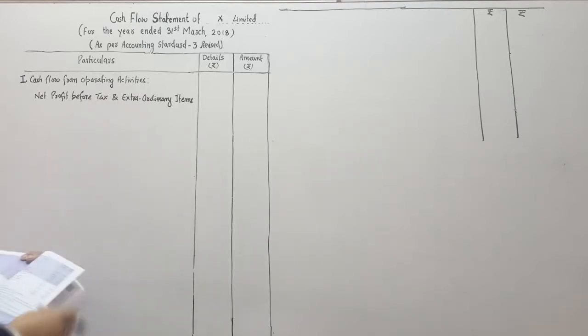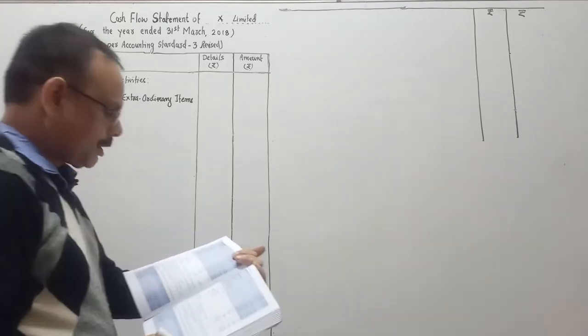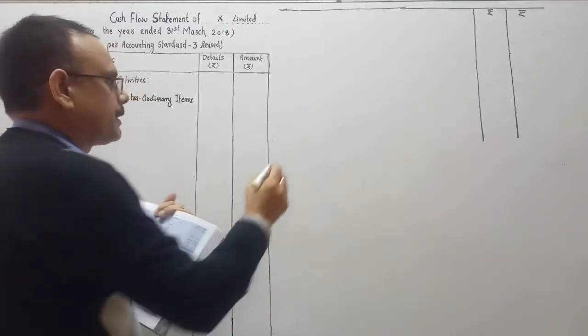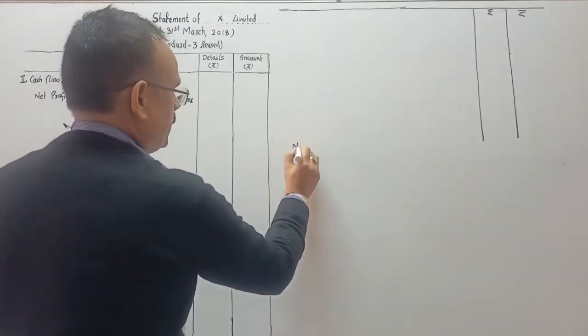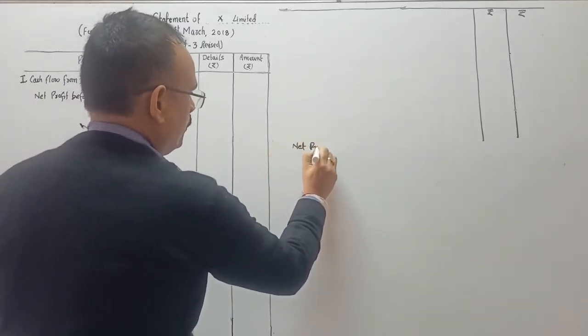This will be calculated in the working note. Net profit before tax and extraordinary item we will calculate in the working note.